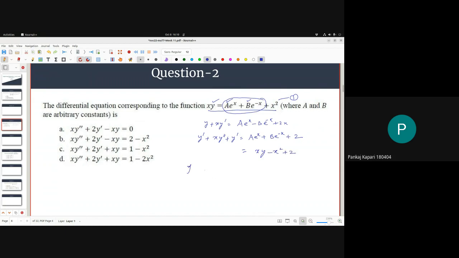So the differential equation which we are looking for is xy double prime plus 2 times y prime minus xy is equal to 2 minus x square. Okay, so this is the correct solution. This is the differential equation whose solution is given by the first equation. Therefore the correct answer here is B.